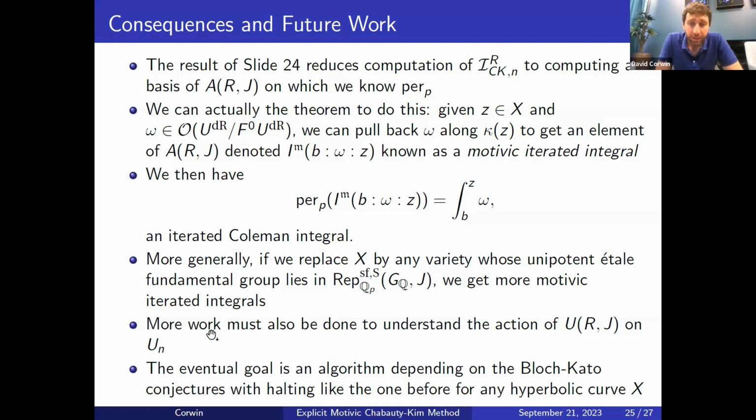Anyway, the eventual goal of all of this is an algorithm depending on the Bloch-Kato conjectures, which I said can be thought of as maybe a souped up version of the finiteness of Sha. Under the same sort of halting framework as before, it gives you the rational points on any hyperbolic curve X. So that's the long-term goal.